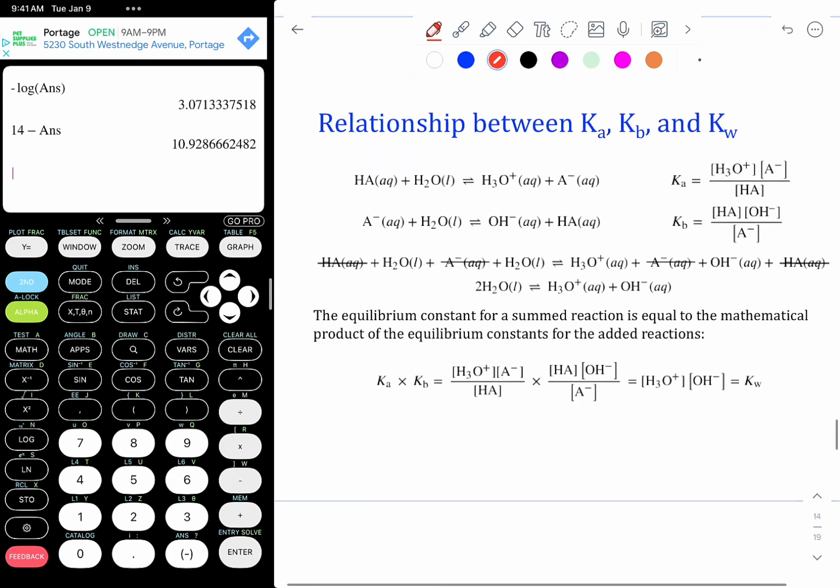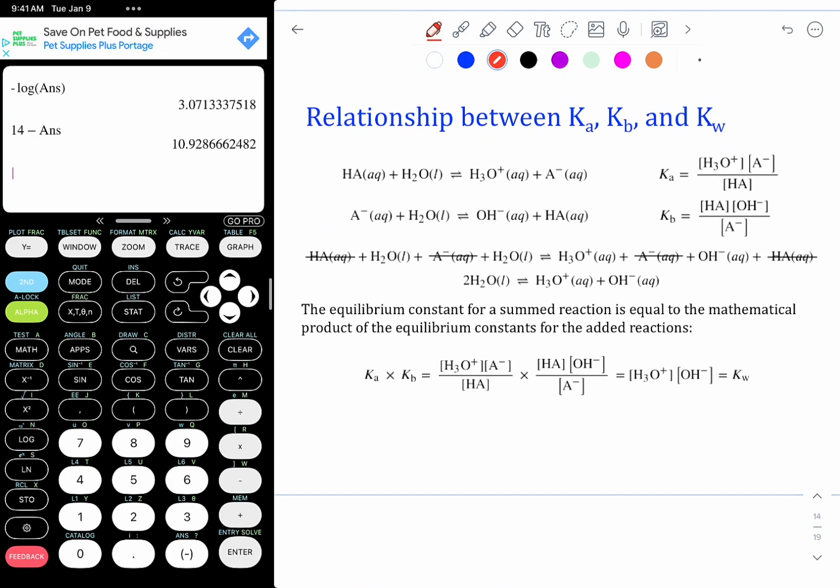Now, if we take those two equations, HA plus H2O and A minus plus H2O, and add them up, similar to how we do in Hess's law, we get HA plus H2O plus A minus plus H2O in equilibrium with H3O plus, A minus, plus OH minus, plus HA.